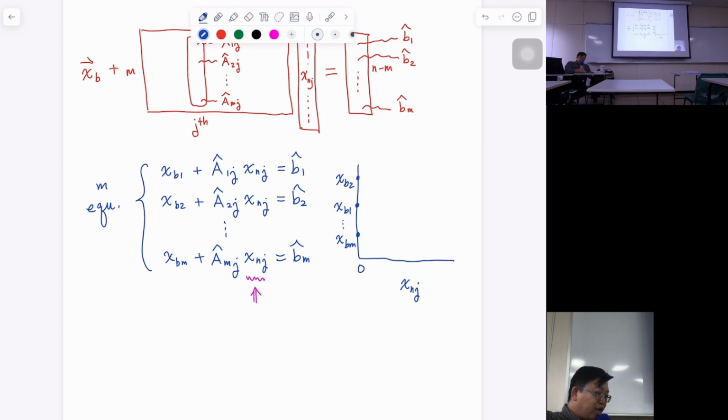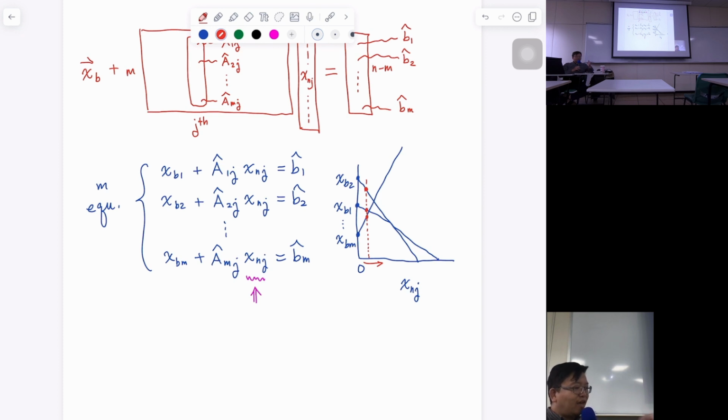So the linear relation could be something like this, something like this, something like this. Oh, I don't want to draw at the same position. Okay. Now, if I try to increase the value of xN j, that means whenever I increase a little bit, all the xB's will change their values.